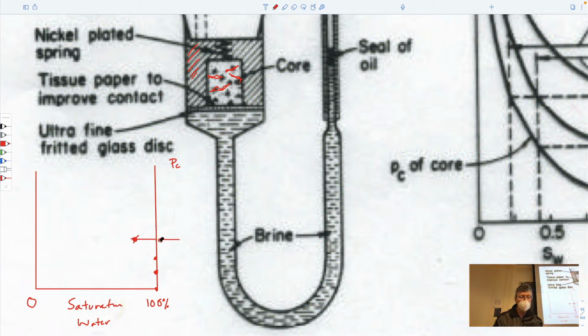So it would start off here as you raise the pressure. You'd put the pressure up to here. It would slowly trickle in, and then it would stop trickling in when it reaches equilibrium. You'd up the pressure again to get to this point, and some more stuff would trickle in. So it would become more saturated with the NAPL, and you'd end up at this point. And you just keep on doing that.